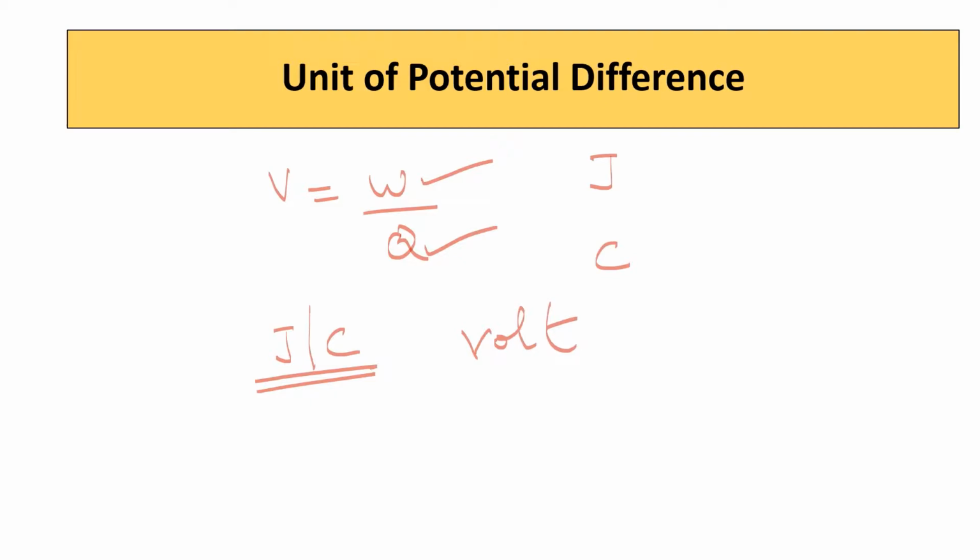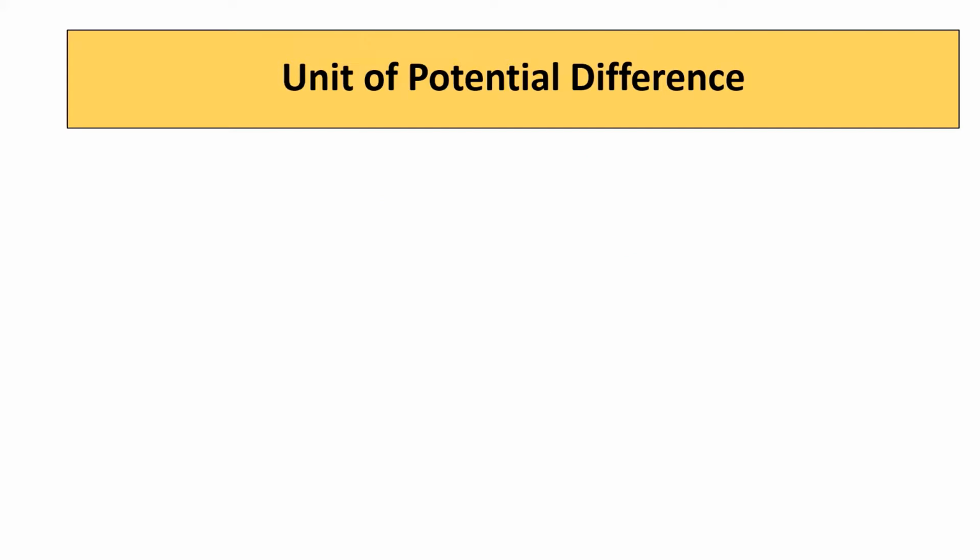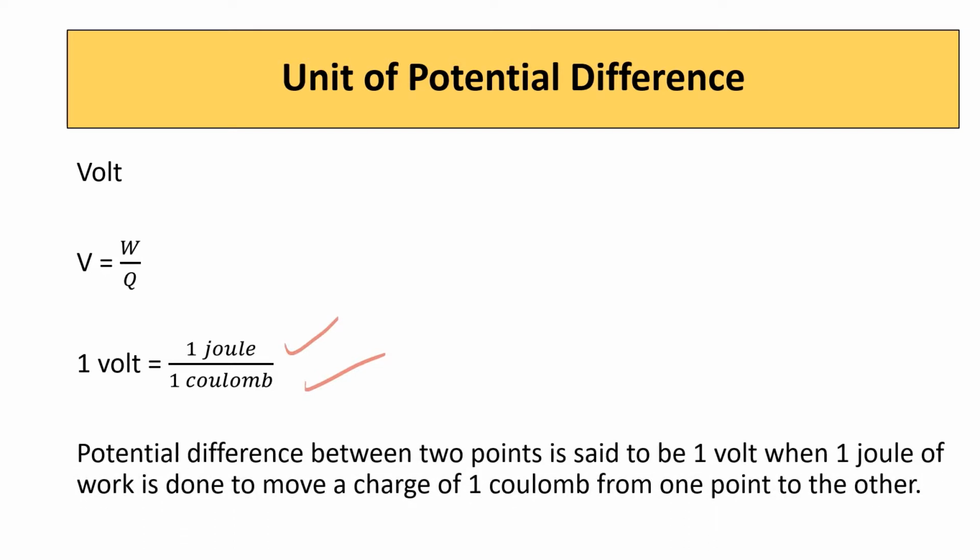Volt is the SI unit of potential difference. 1 volt is equal to 1 joule divided by 1 coulomb. Potential difference between two points is said to be 1 volt when 1 joule of work is done to move a charge of 1 coulomb from one point to the other.